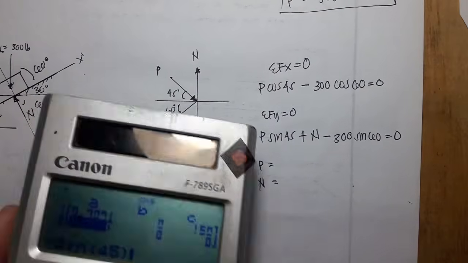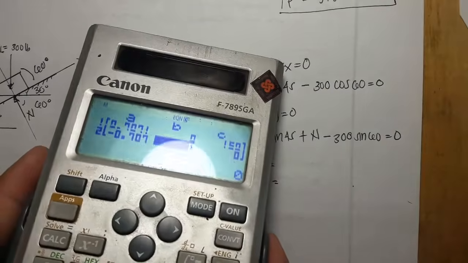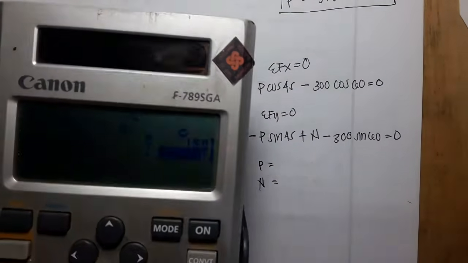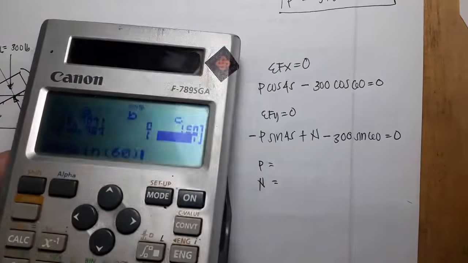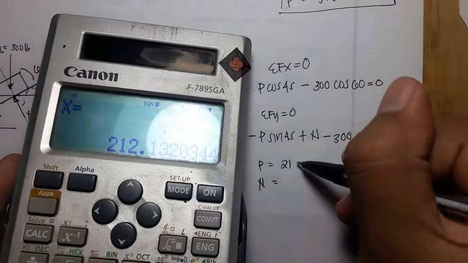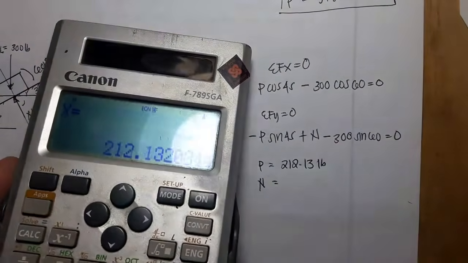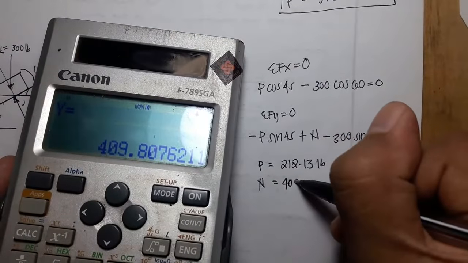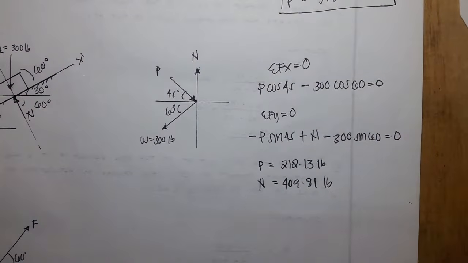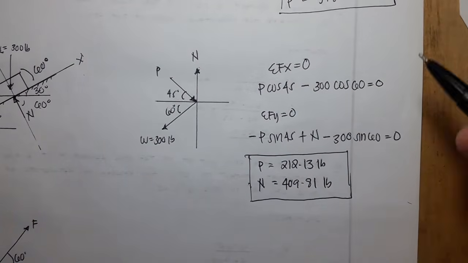Then we have N here, so we would like to put 1 there, then positive 300 sine 60. So we got 212.13 pounds and 409.81 pounds.